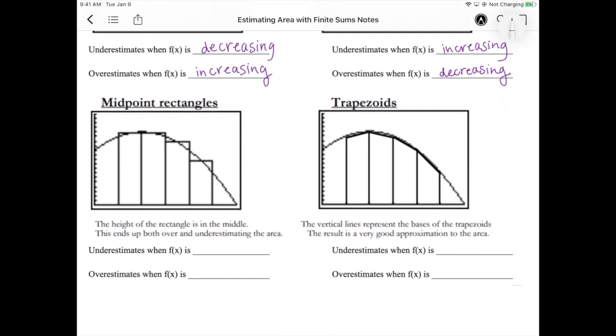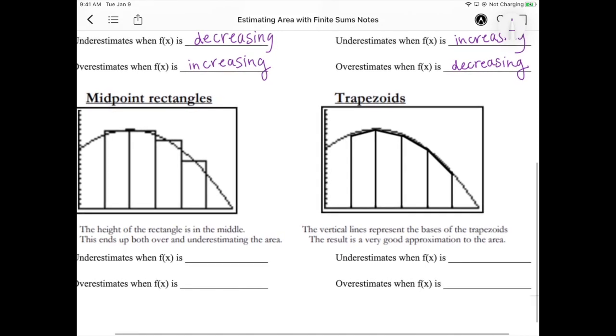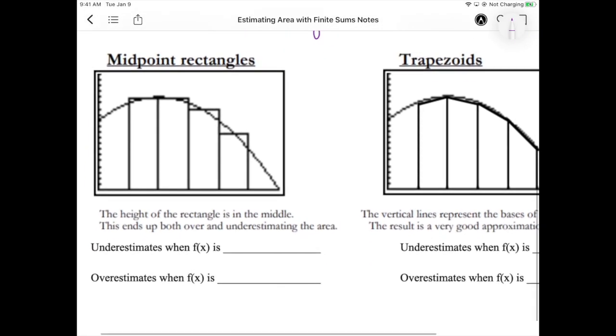Midpoint rectangles and trapezoids, which are kind of like hybrids of the left and the right approximations, work a little bit differently. You don't so much look at whether it's increasing, but you look at the concavity of the graph. I can see this graph is concave down, and for both increasing and decreasing parts of f, the rectangles are over approximating.